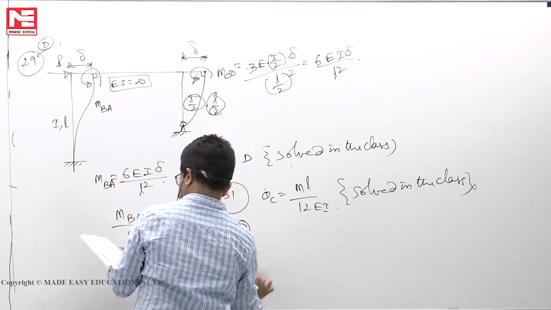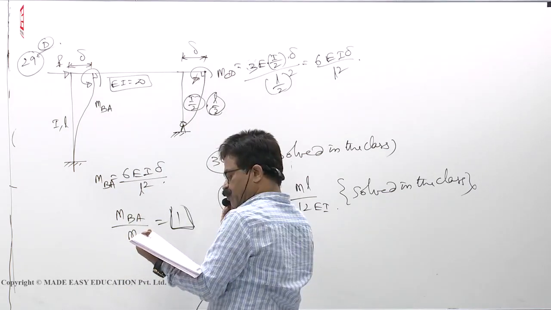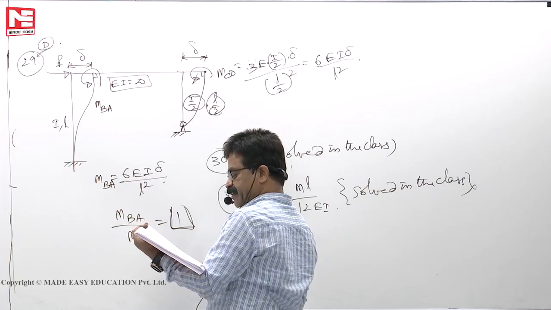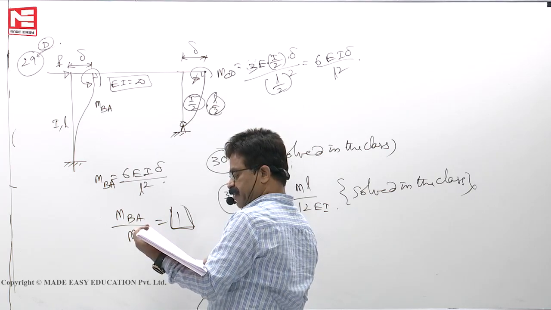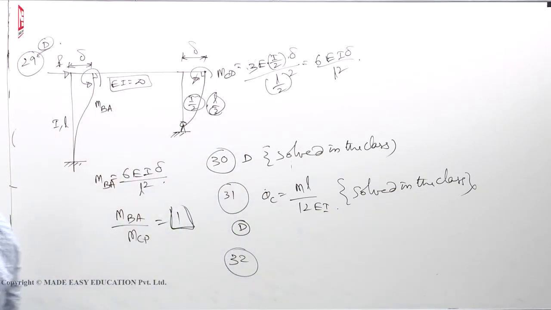Next, 32. In the portal frame shown below, what are the distribution factors for members BA, BC, BD? BA, BC, BD. So only one thing they have asked in the 32nd question.